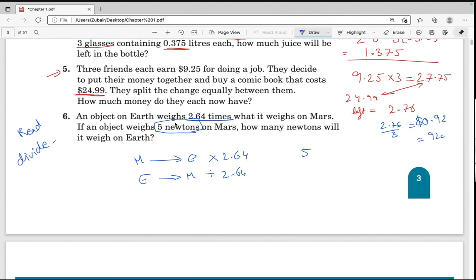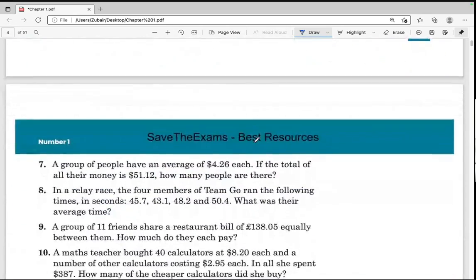An object on Earth, I think I did it reverse. An object on Earth weighs 2.64 times what it weighs on Mars. On Earth, it is heavier. If an object weighs 5 Newton on Mars, you were right. So 2.64. Did I create any confusion? Should I clear it up? You were right. On Earth, it is heavier. It weighs more. So 5 Newton on Mars, and on Earth, it is 2.64 times.